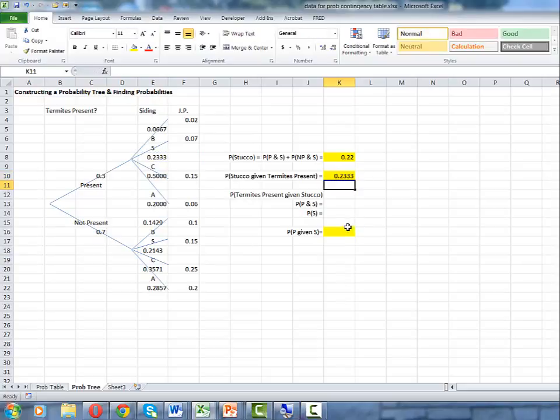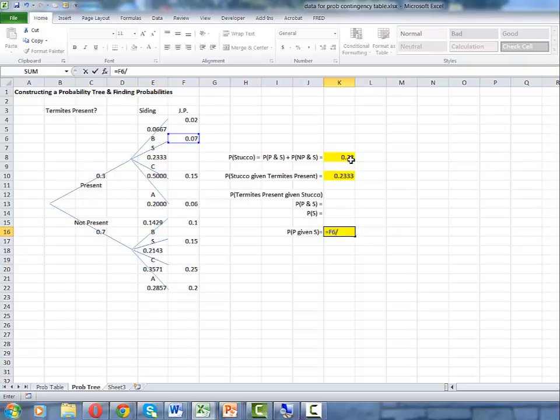Okay, but now based on this tree, let's go the other way. What's the probability that termites will be present given we know the house is stucco? Well, probability of stucco and present, so here's present and stucco, so that's just 0.07 divided by what's given, the probability of stucco.